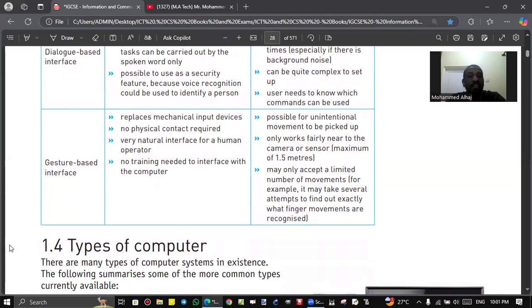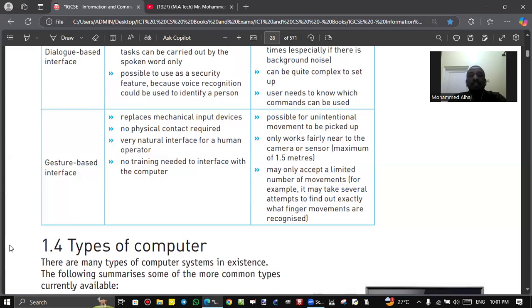This is one of the disadvantages. Whereas for the gesture-based interface, one of the advantages is that it replaces machine input devices and no physical contact is required.